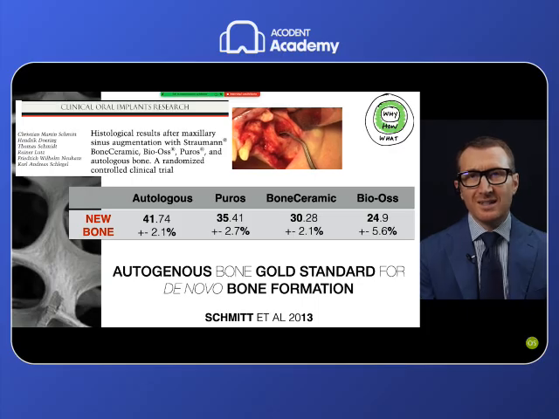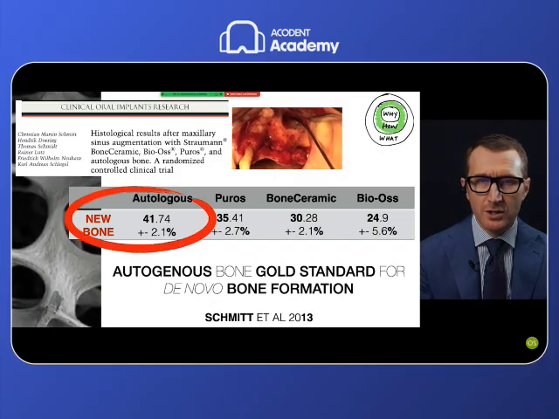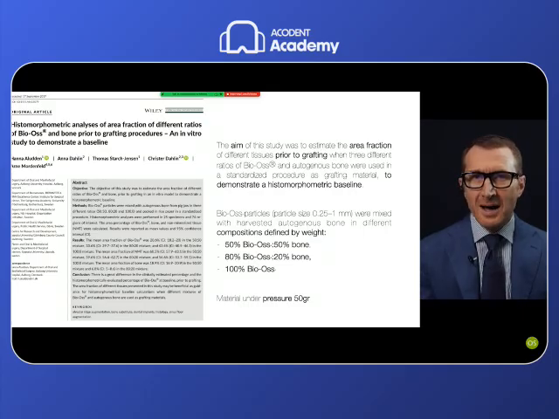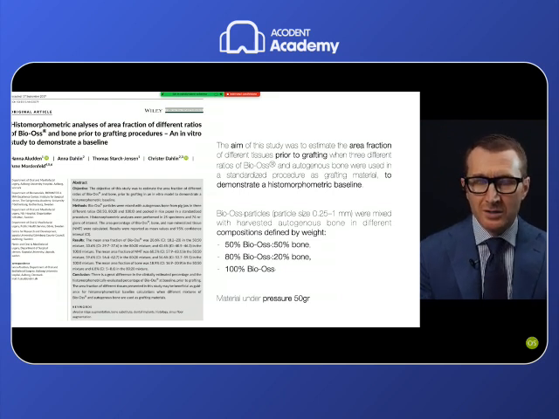And if the defect is a critical size defect, then autogenous bone will be the best material to support new bone formation. But one important point must be underlined: the quantity of autogenous bone in the mixture must be considered.